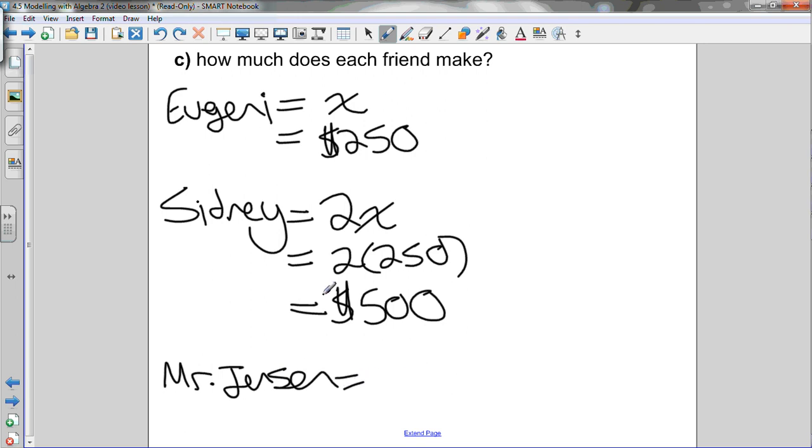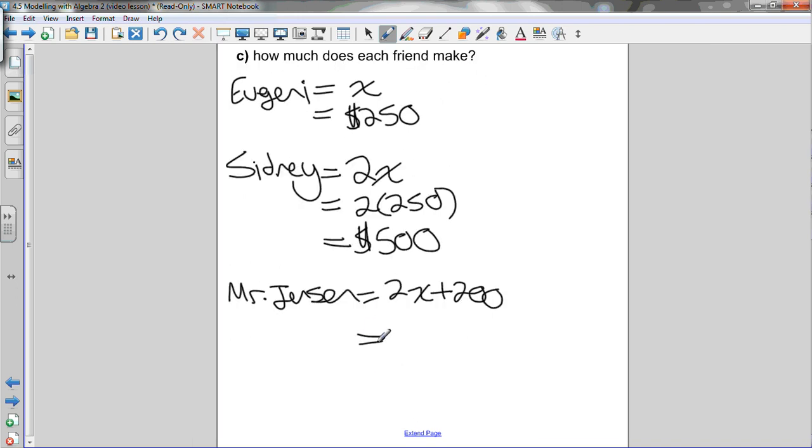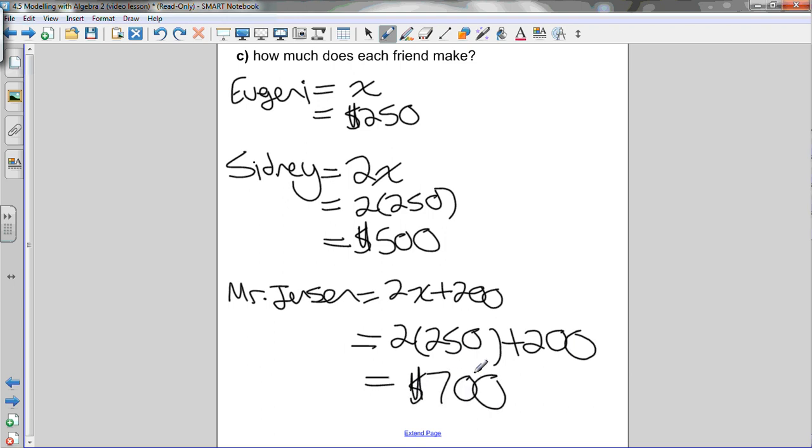I make 200 bucks more than Sydney, so I make 2x plus 200. So 2 times 250, which is 500, plus 200 is $700. So these are our weekly earnings.